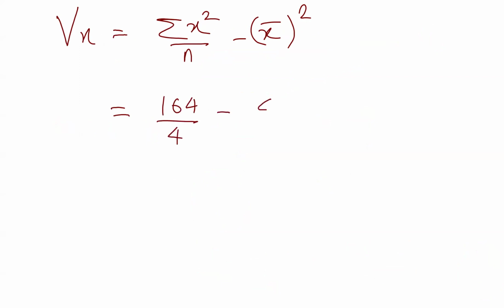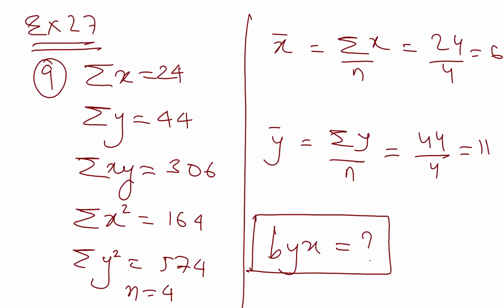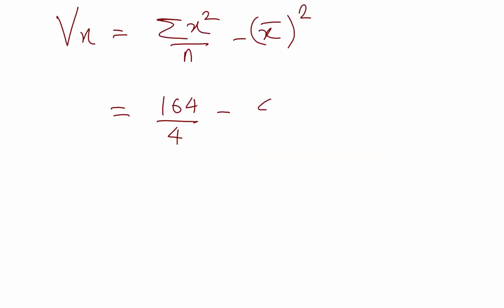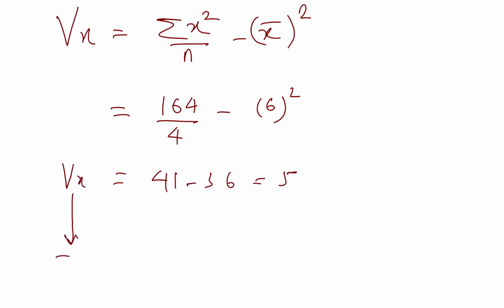X bar we have calculated earlier, that is equal to 6. So this will be minus 6 square. So 41 minus 36, which is equal to 5. This is variance of x. Now variance itself is standard deviation square. So we got standard deviation of x square.